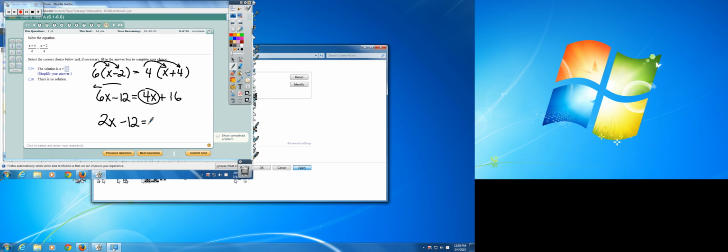Minus 12 is equal to 16. 12, negative 12 comes over, dang old 28. And what's 28 divided by 2? 14. So x is equal to 14.